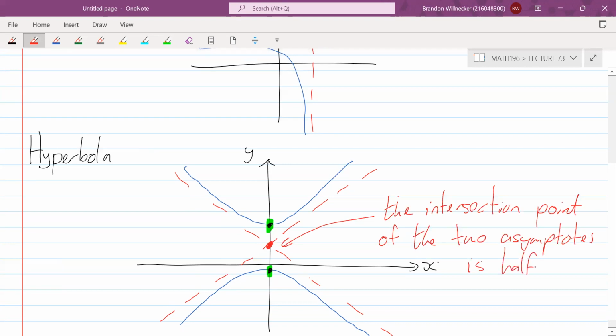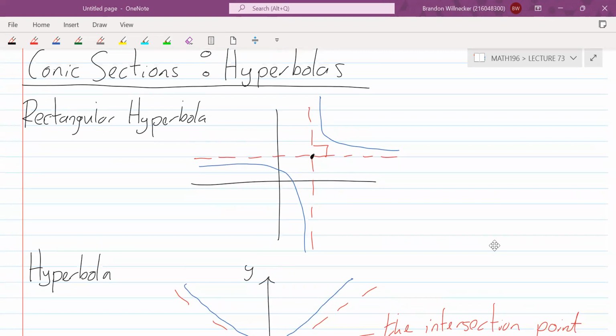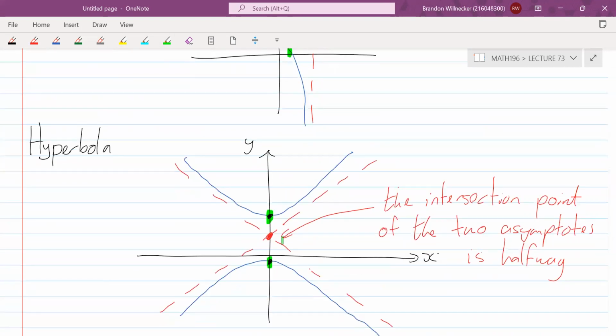Much like over here, if we look at this point and this point, it's also going to be halfway between them. It's like a center point to the hyperbola. Same thing here.